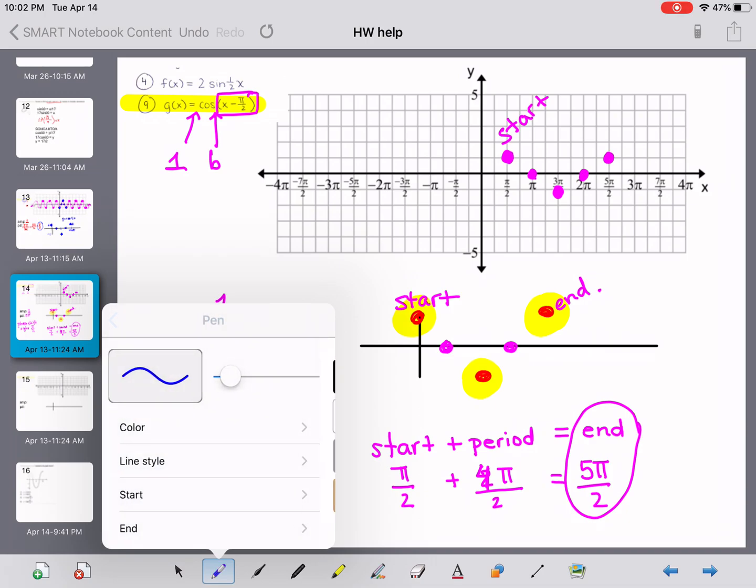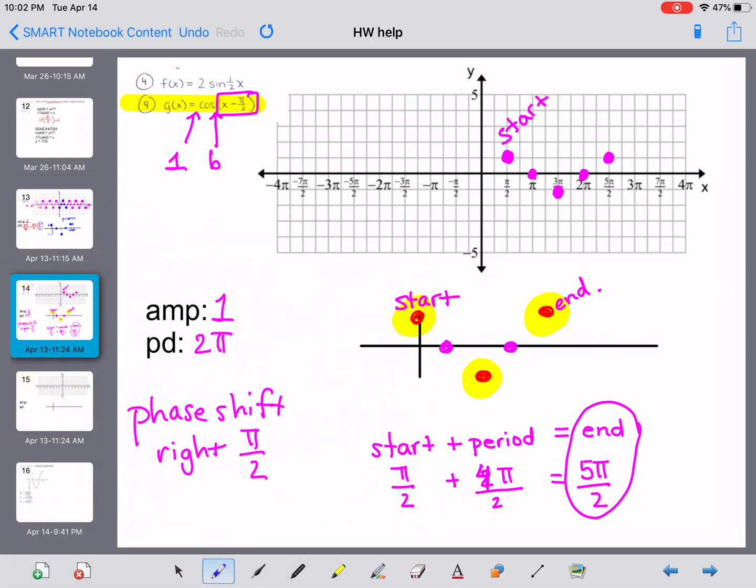Then I'm going to, again, find a pattern, copy and paste. This one might be easier to start with the x-axis. So the x-axis is happening at pi, 2 pi, 3 pi, 4 pi, all the pi's. And then the points in between that are just alternating up and down.